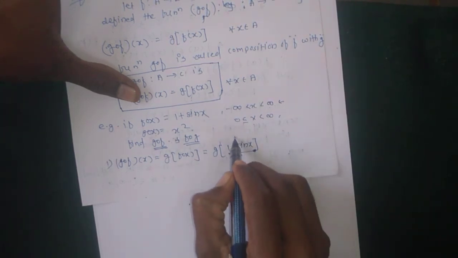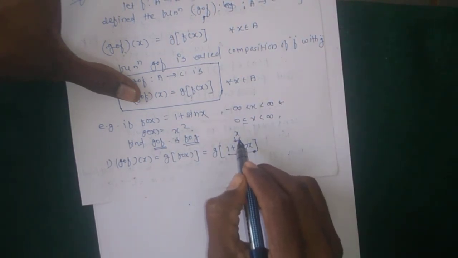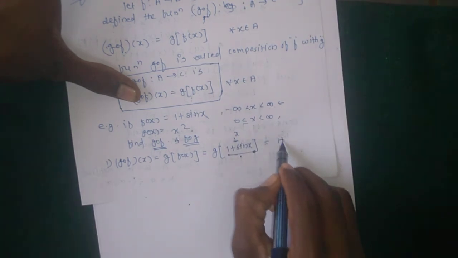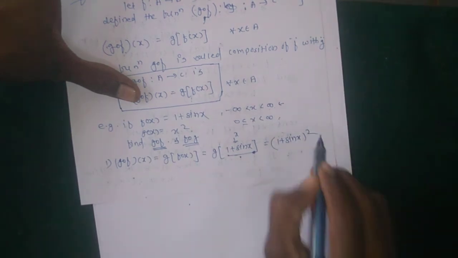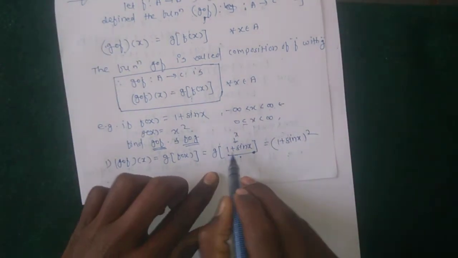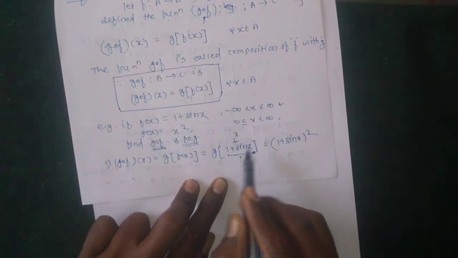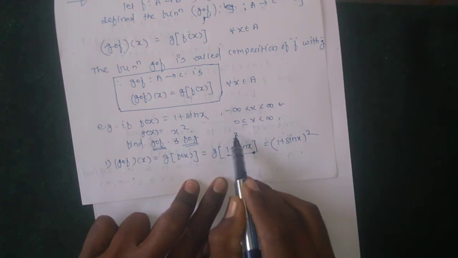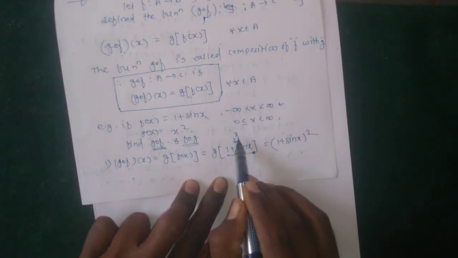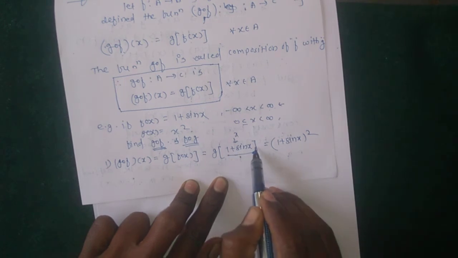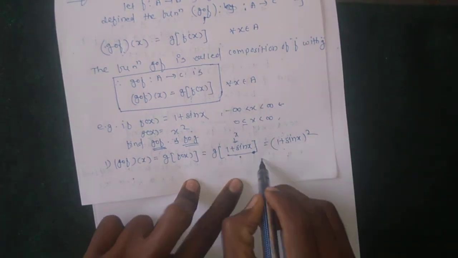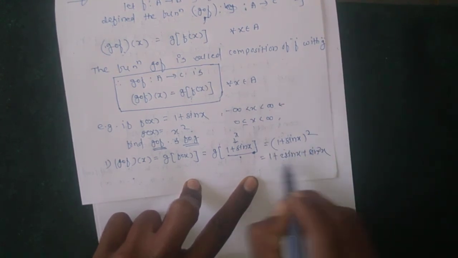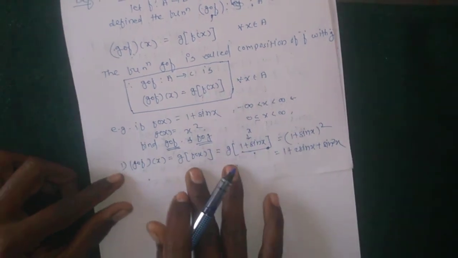Suppose this whole element is x; then g(x) = x², which means (1 + sin x) squared. Okay, g is applied on that element, and the value is 1 + 2 sin x + sin² x. This is the value of g composition f.